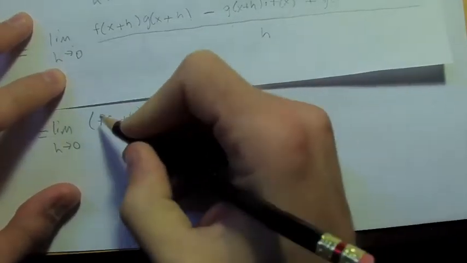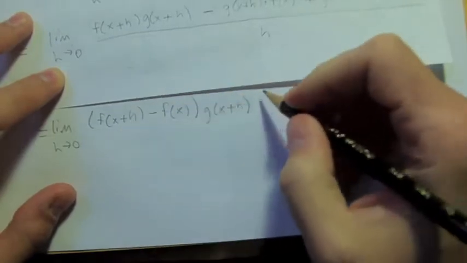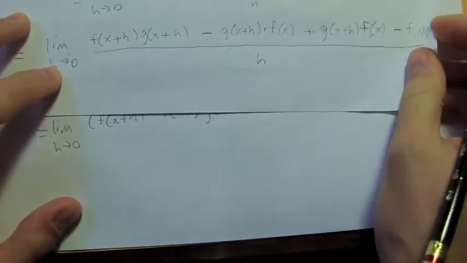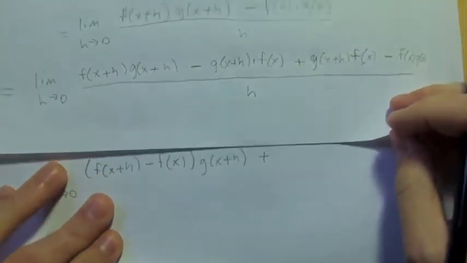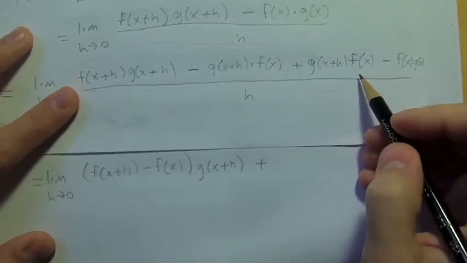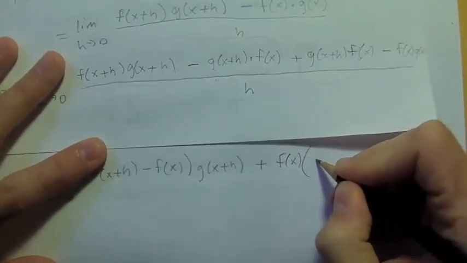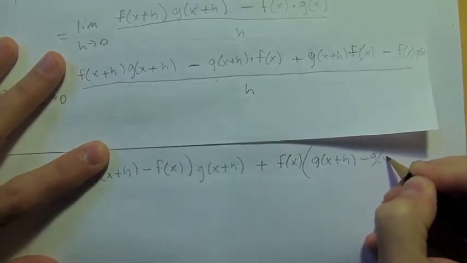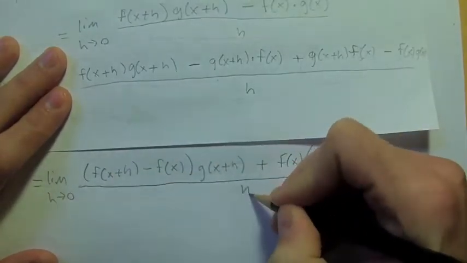Okay, and I'm going to go ahead and split up the fraction. Well, no, I'll do that next step. Okay, then out of this piece, oh, you can't see it anymore. Out of this piece, I'm going to factor out a f of x. Okay, so this will be f of x. And what's left is a g of x plus h minus a g of x, and all over h.